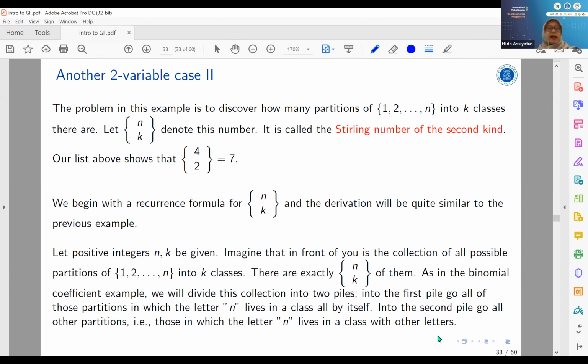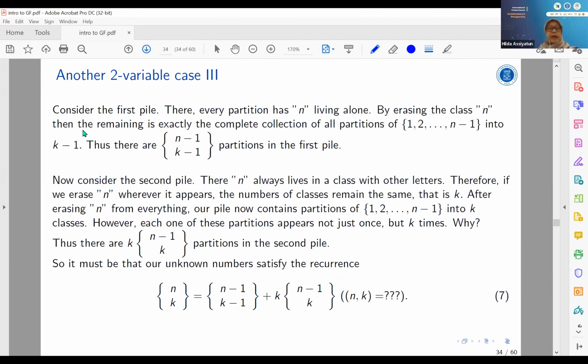Okay, now we will count how many are there in the first pile and how many in the second pile. In the first pile, n lives alone.